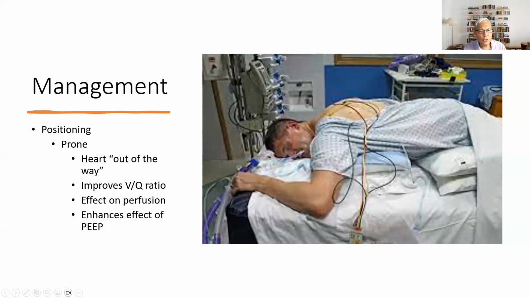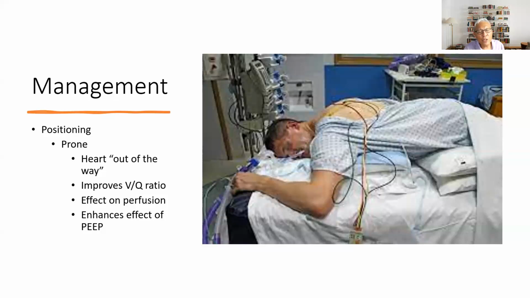Another thing that we do to patients who have ARDS is prone positioning. And the reason why prone positioning is very important is because it actually improves the ventilation perfusion ratio. In other words, it improves the circulation to the lungs, it improves the aeration of the lungs, and therefore the patient will be improving as far as oxygenation is concerned.